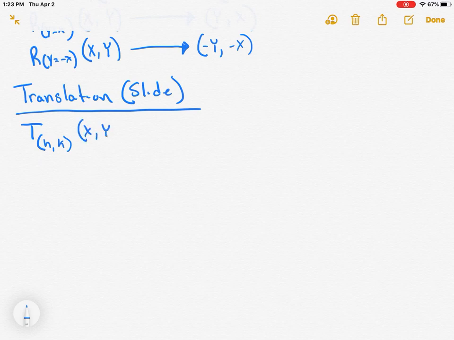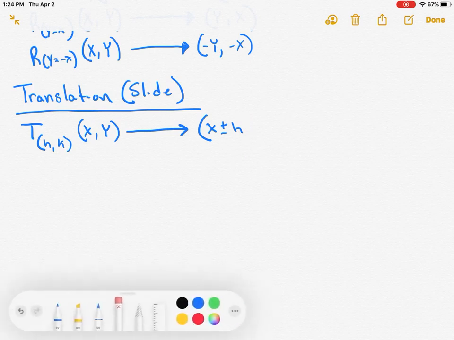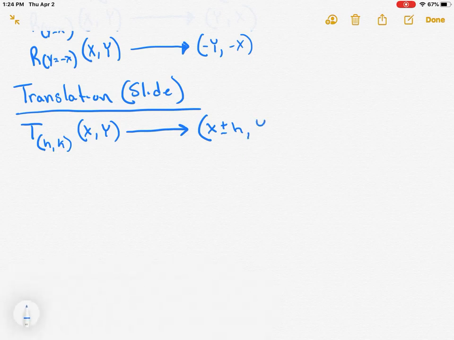We have our original x and y. Translation happens. We have x either plus or minus h, and then y either plus or minus k, right?